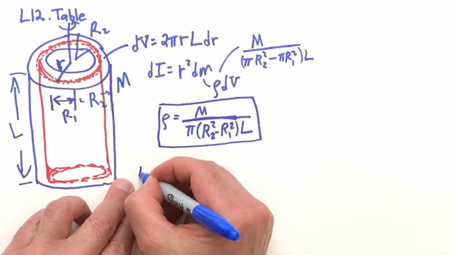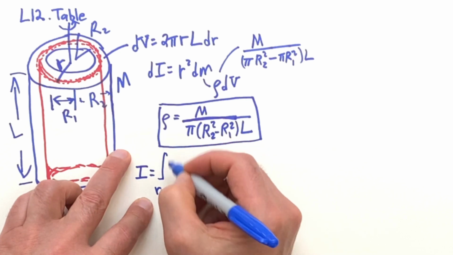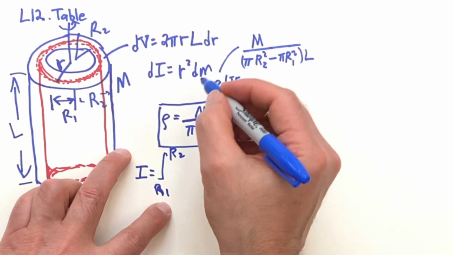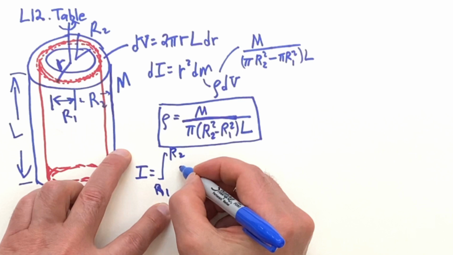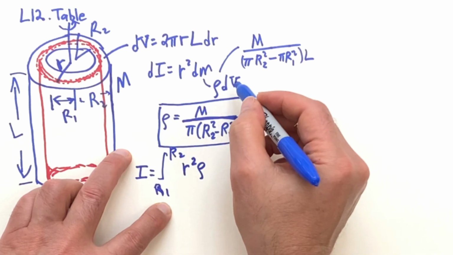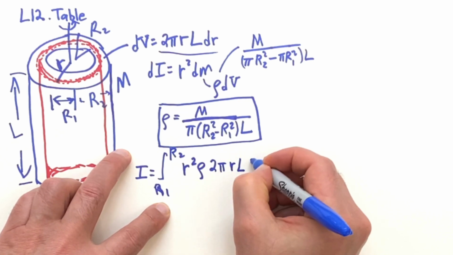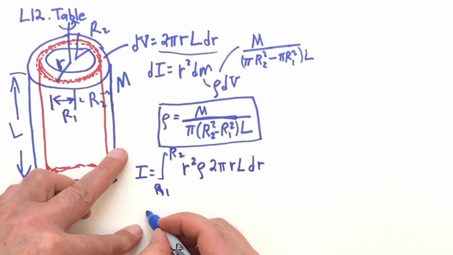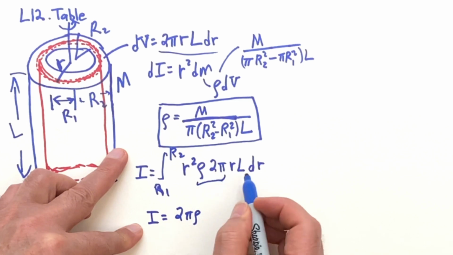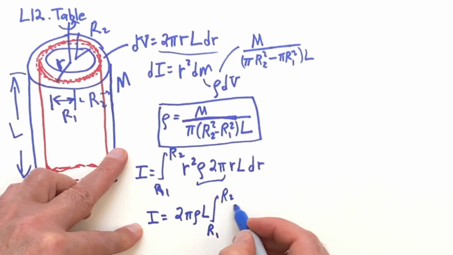Therefore, our I is obtained by integrating from R1 to R2 of r squared, then dm, which is rho, times dV, which is 2 pi r L. Now we can pull out all the constants: 2 pi rho and L come out, and we have an r squared and an r, so we have r cubed.